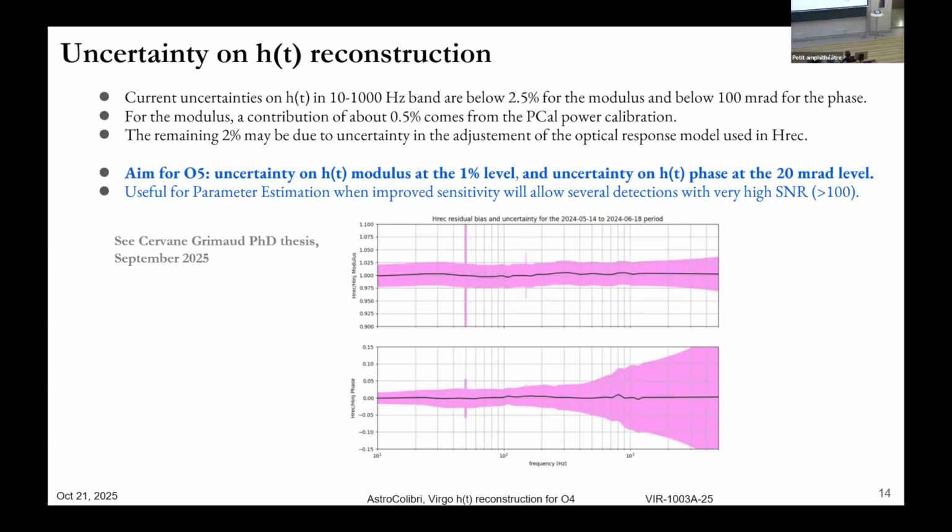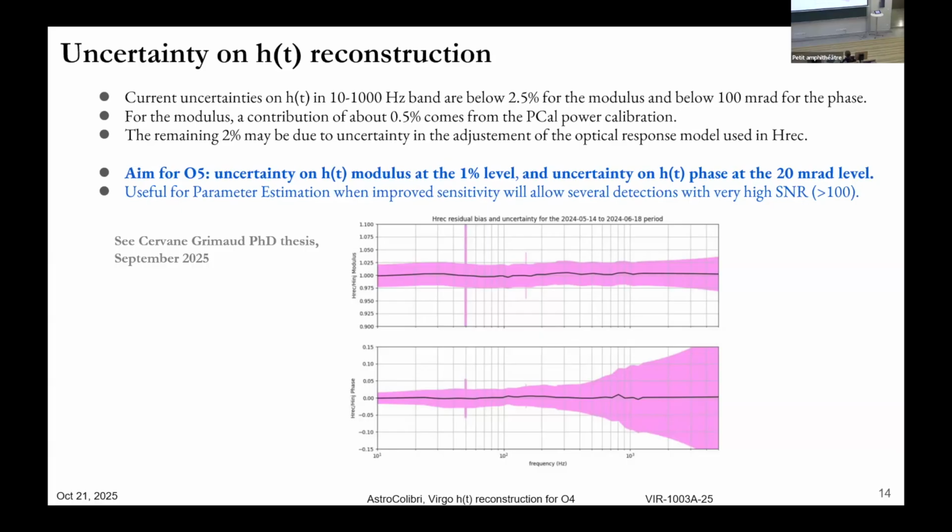Part of this uncertainty is coming from the Pcal, the photon calibrator power calibration. But the main part is coming from the way we do the reconstruction of H of t, so from HREC. And we suspect that it is mainly due to the optical response model, which is not exactly the correct one.